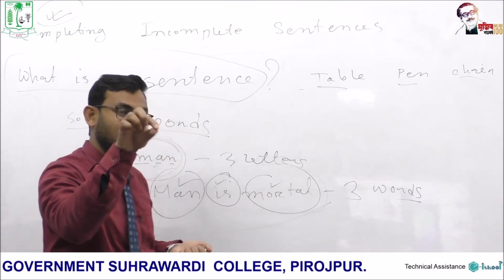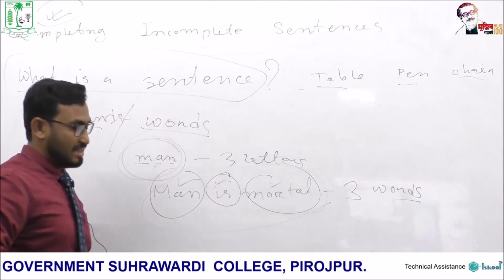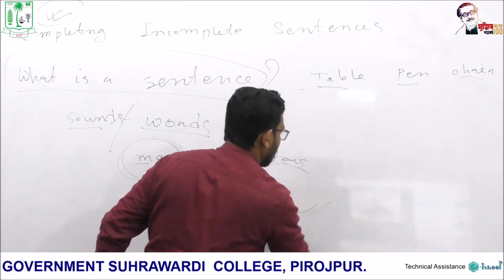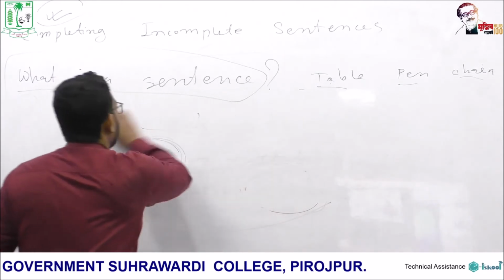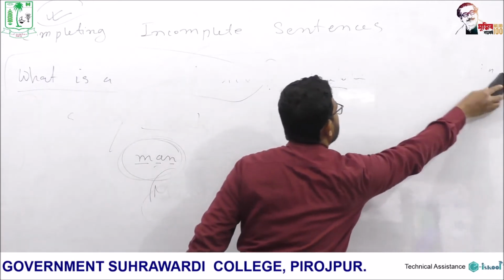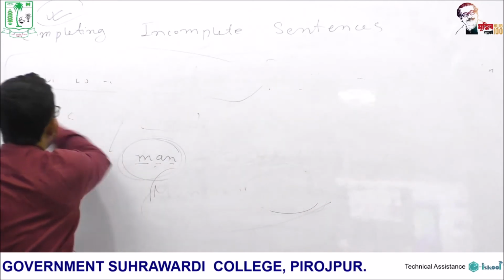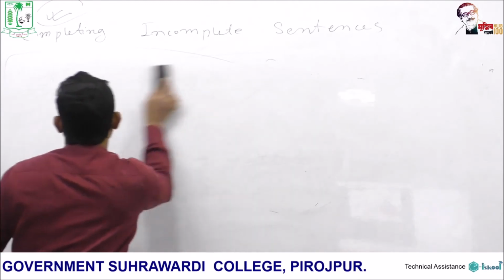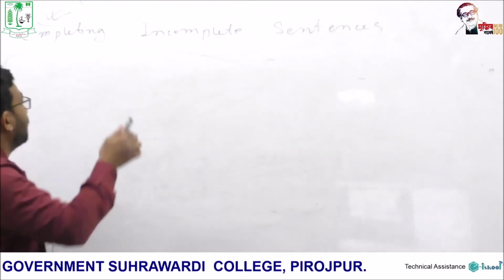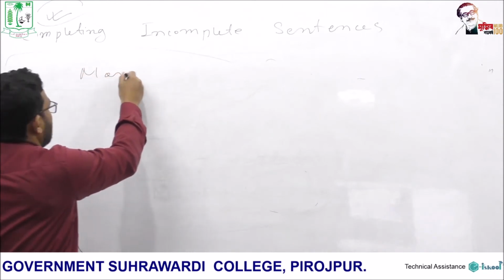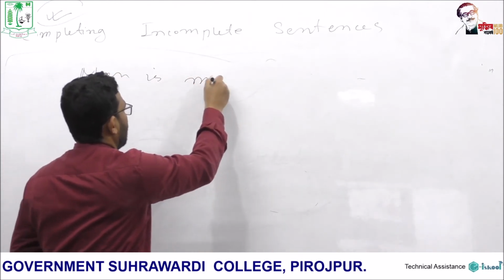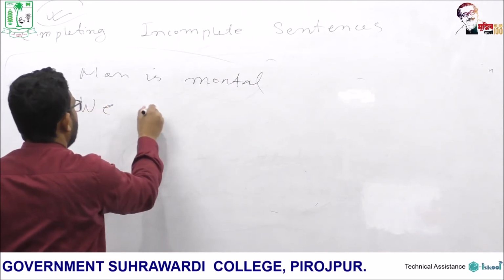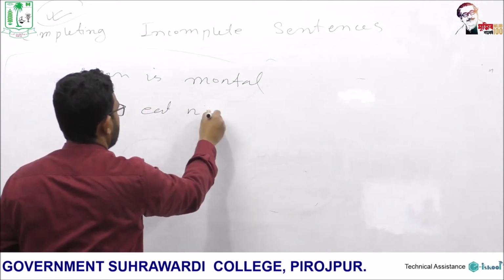So you have got some ideas about writing sentences, that is, the definition of a sentence. What is the normal structure of writing a sentence? I have already written man is mortal, or we eat rice.